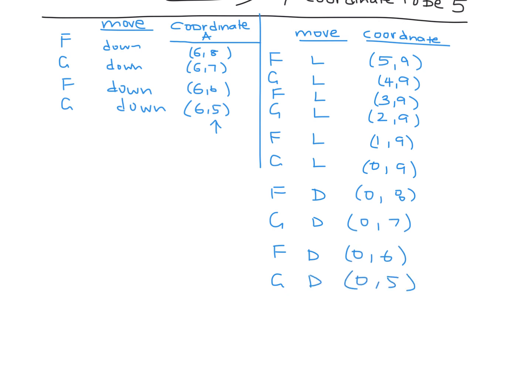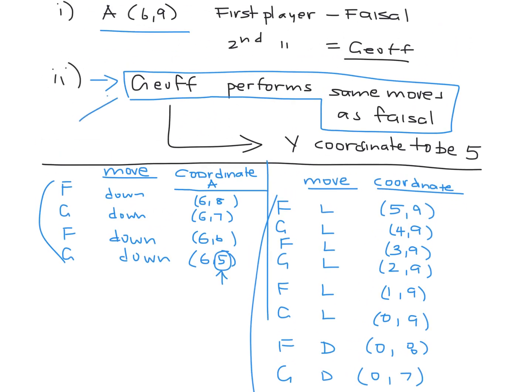And then once you get down to 5, since the y-coordinate is 5, the area will be 25 and Jeff wins. Now, any other combination will be a combination of these, and Jeff will always be able to end up at 5. So you can explain in sentence format that as long as this basic rule is followed, Jeff will always be able to win.